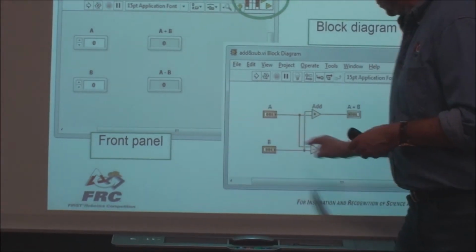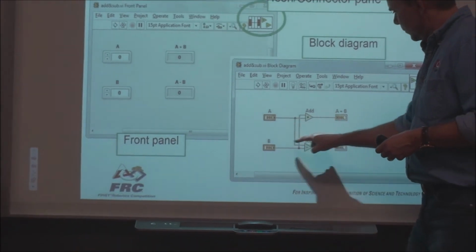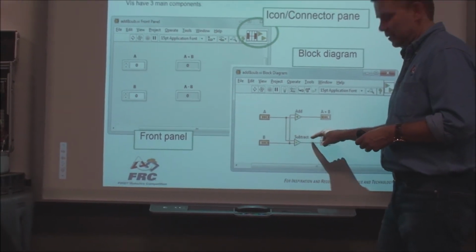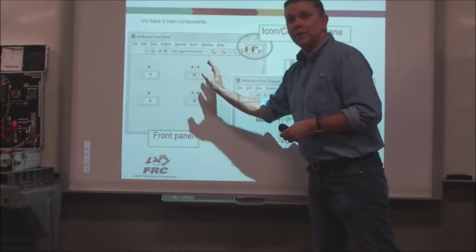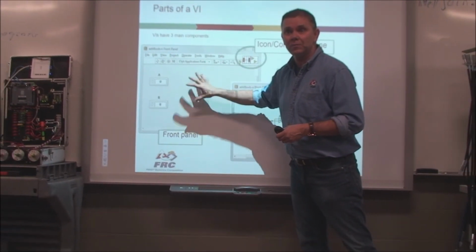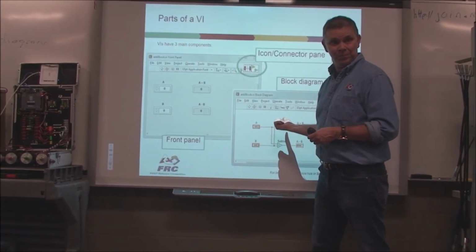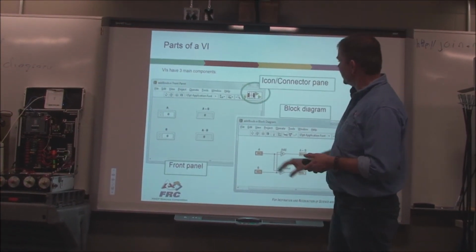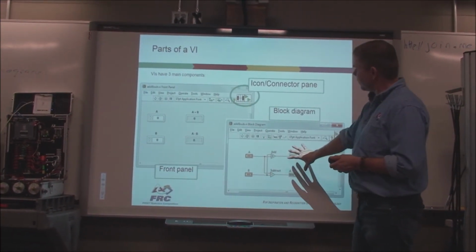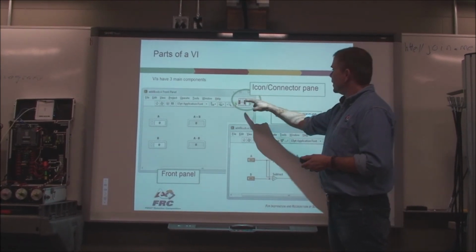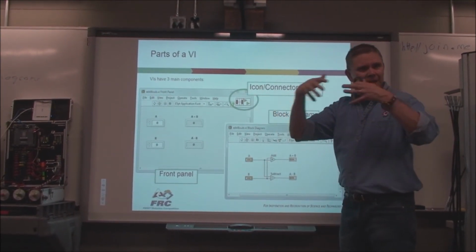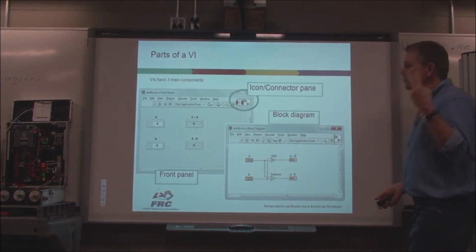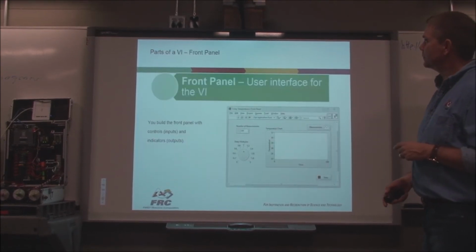A minus B shows up down there. So A is subtracted from B, shows up here, and it shows up there. So this is like a control panel. Sometimes we even have to go into this level. This is far enough, right? You can see what's going on in the individual elements. It's your block diagram of the VI, and that's the connector pane, which kind of shows how all the VIs are tied together. So those are only 3 parts you have to worry about.